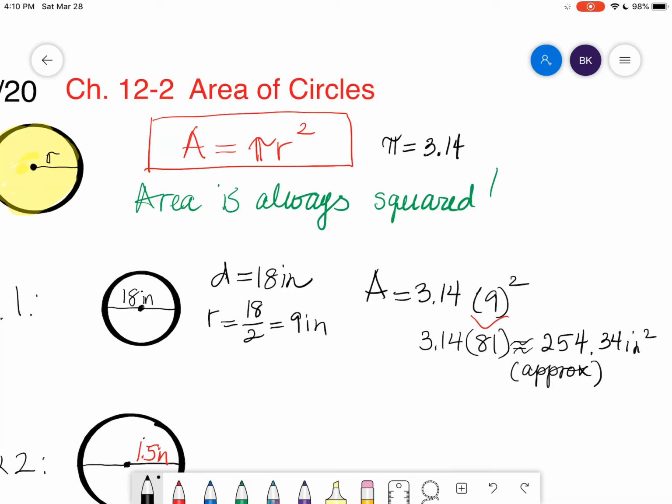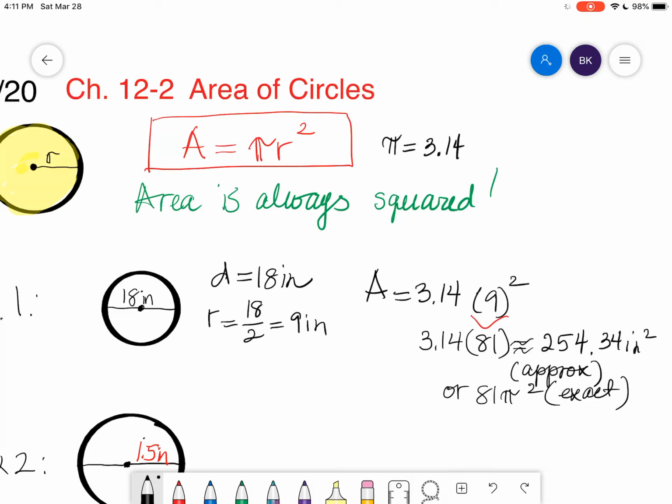In terms of pi, sometimes it says express it in terms of pi. So what you're going to do, instead of 3.14, you simply are going to use pi. So your answer will be 81 pi, and that would be called the exact answer.